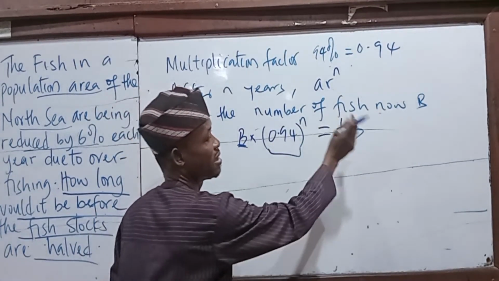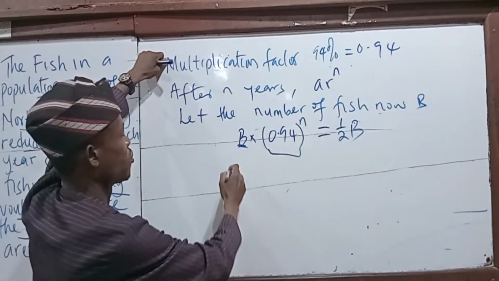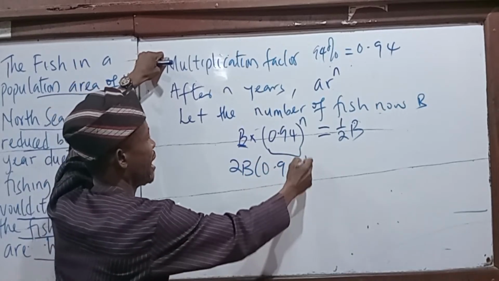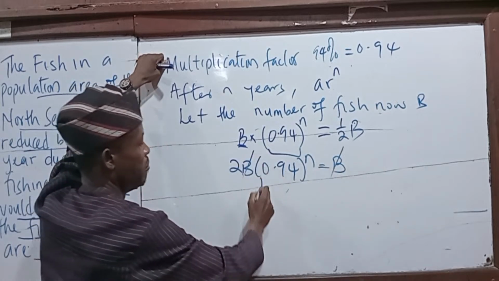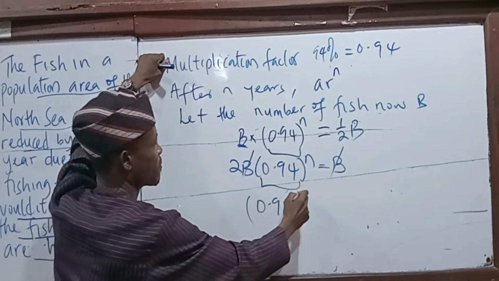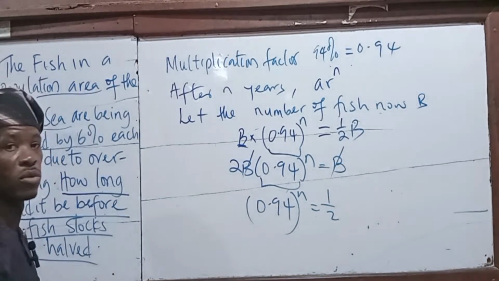It is half, so multiply both sides by 2. So we have 2b times 0.94 to the power n equal to b. So b cancels. Make this one the subject and you get 1 over 2. Take the natural logarithm of both sides.